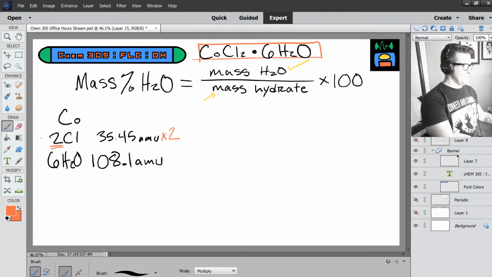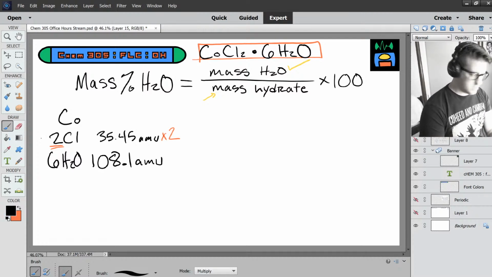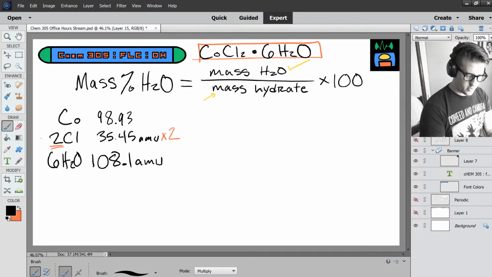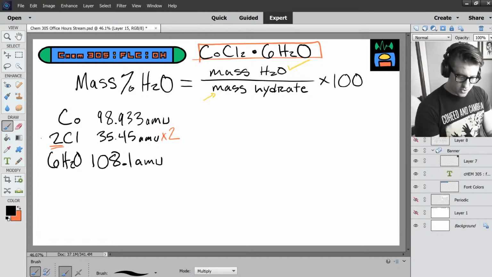This is what periodic tables are for. Cobalt's going to be larger than the elements we've been looking at so far. Yeah, cobalt is 58.933. So after we multiply 35.45 by 2, this is going to be 70.90.